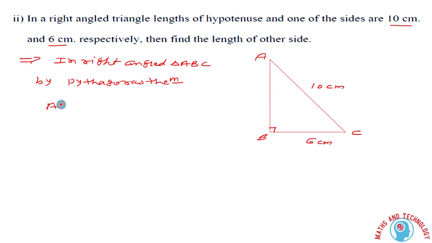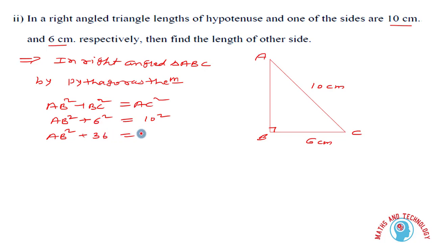So AB square plus BC square equal to AC square. Putting the values, AB square plus 6 square equal to 10 square. Squaring, AB square plus 36 equal to 100.